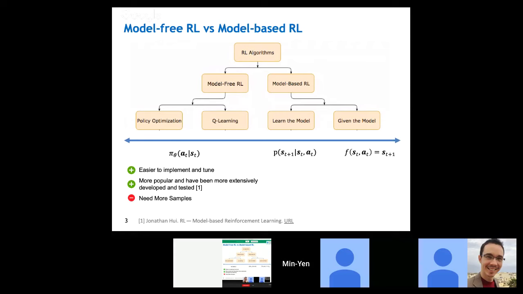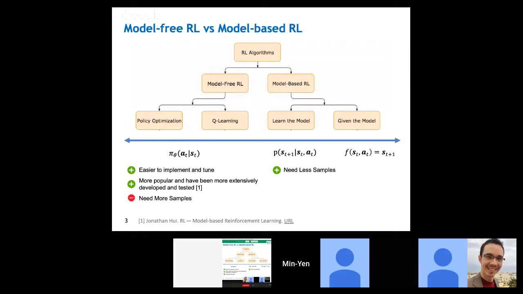But the disadvantage is that it's not very sample efficient, since we do not know the model itself. What we can do is just sample from the policy, try those actions, try and error, and collect feedback to infer the reward and everything. So we need a lot of samples to do this kind of inference.